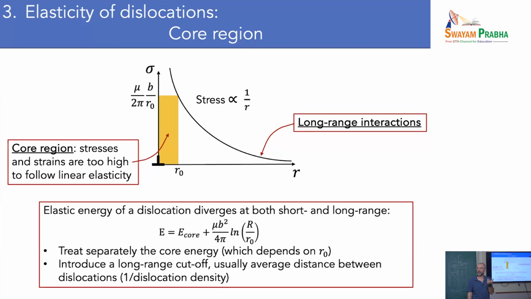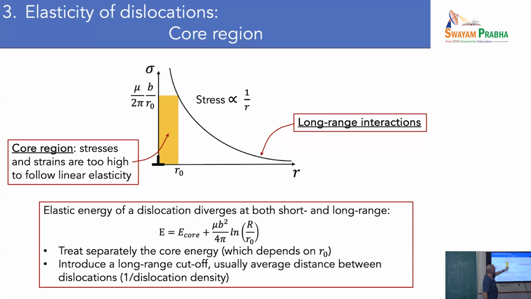So within the core region, we cannot apply elasticity theory. To reproduce the core region, we need an atomistic model, whether brute force MD simulations or a Peierls-Nabarro model, or something that will put the atoms back into the crystal. We cannot use continuum elasticity to account for the core region.